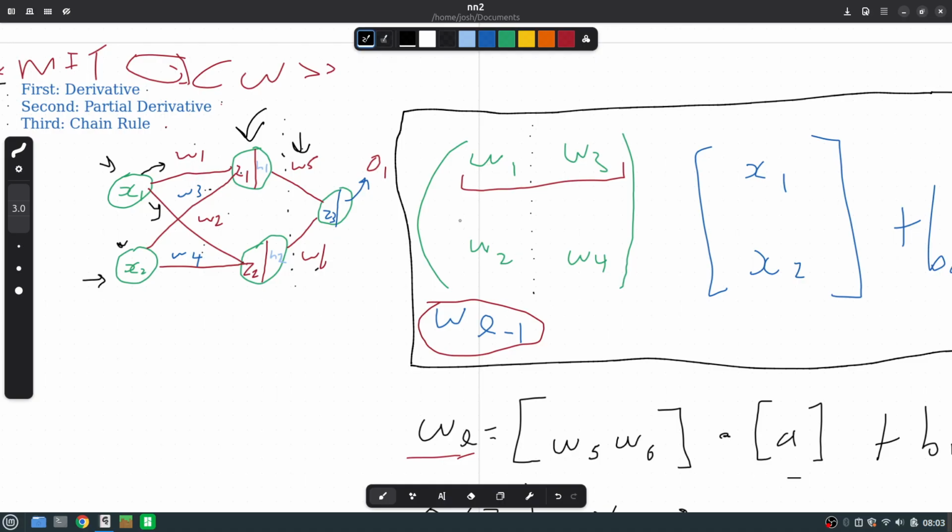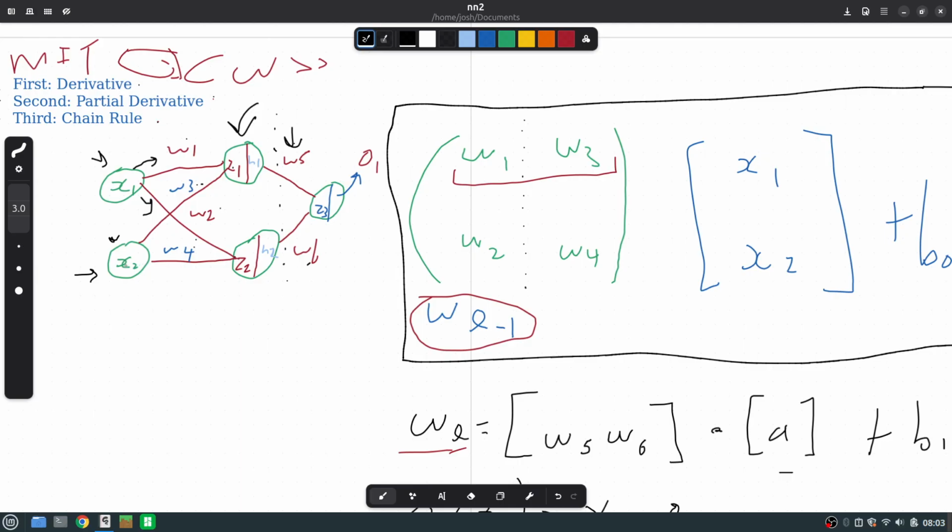If you see W1 and W2 in the first column, what does that mean? W1 and W2 are leaving the first input node and spreading out to every single node inside of the hidden layer. Same thing for the second input node as well, W3, W4. Hopefully that's clear.